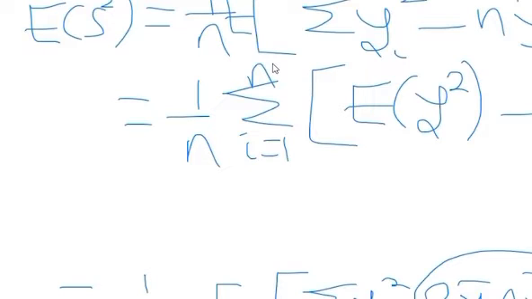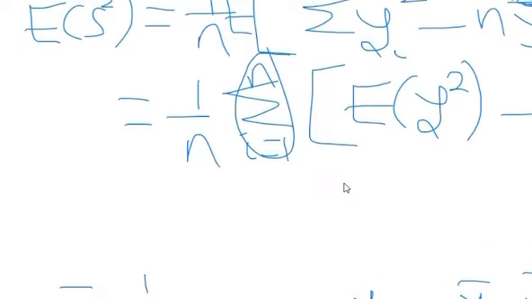That n is the same thing as a summation, because y bar squared is a constant. So the summation here is the same thing as that n, and I bring it out.